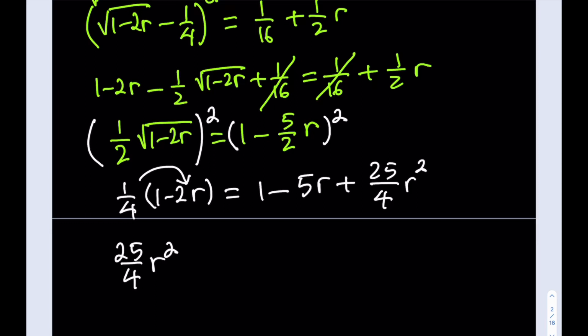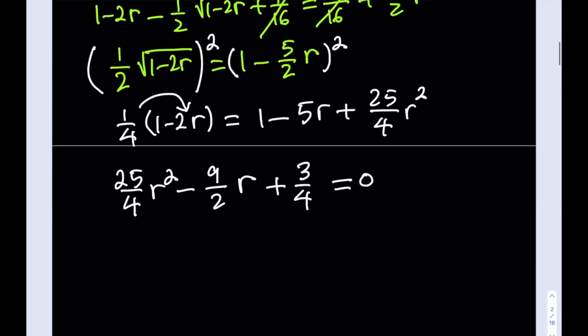It's going to be negative 5 plus 1/2, which is negative 9/2, right? So I'm going to get negative 9/2 of r. And then I'll have 1/4. 1 minus 1/4 is going to be what? 3/4, right? And the whole thing is going to equal 0.